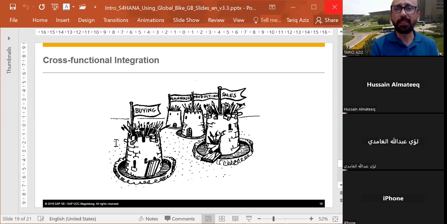Now, on this slide, this is buying and selling and production and planning and finance. Before implementing the SAP ERP system, every department was working in isolation, and they were working separately.